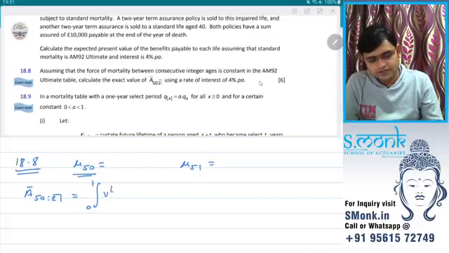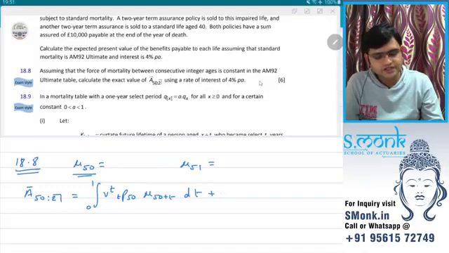If the person survives till time t and then this is 50, and then dies immediately, so mu 50 plus t, then the payment is given, for 1 year only.